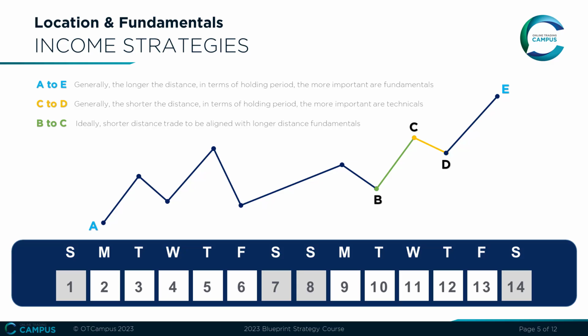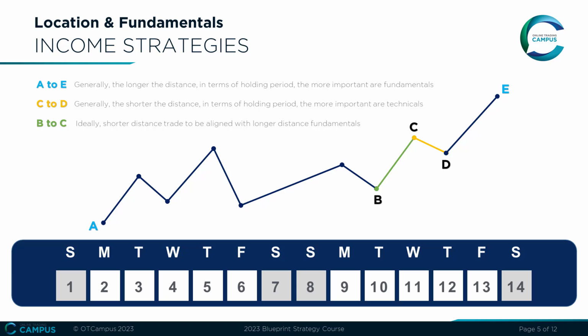However, just because you have bullish fundamentals also doesn't mean you have to necessarily hold a trade for 2 weeks, right? You can also apply a bullish fundamental set of rules into a shorter holding period. And aligning that is ideal. And as you'll see, B to C should have on paper a higher profitability than the C to D, because the A to E is a bullish context, and therefore even the shorter distance trades, if they're aligned with the right fundamental context, that's ideal.